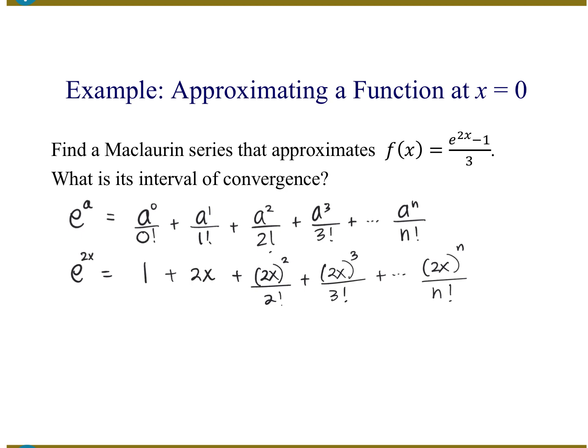All right, my next thing would be to take 1 away. Not 1 away from the power, but 1 away from the whole term. So if I take 1 away, my first term won't be 1 anymore because I've subtracted it. So what will my first term be? 2x. Yeah. So e to the 2x minus 1 now starts with 2x, and then we have 2x squared over 2 factorial.